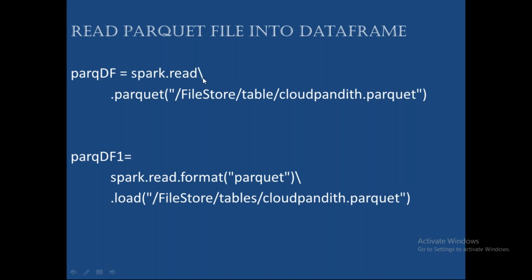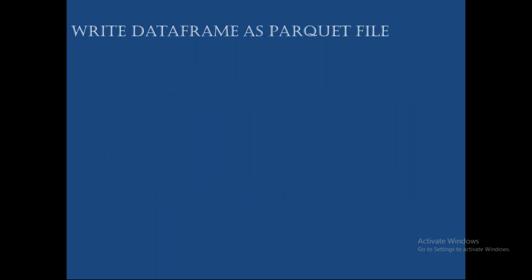By default, it can read the headers and identify the data types. Here also you see spark.read.format parquet load. I'm just loading the file from this location. What kind of file is it? Parquet.